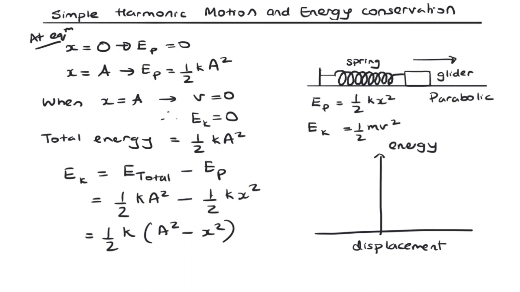The kinetic energy will vary from maximum at the resting position to 0 at the maximum amplitude, A, and that would be symmetrical to the other side where it's compressing. So it is an upside down U graph where, as the displacement goes from 0 to A, the kinetic energy decreases.